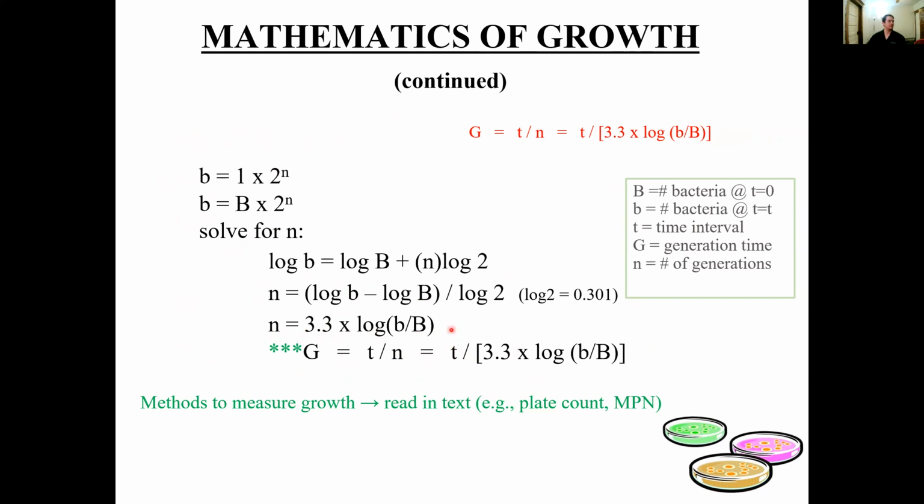And this is how we actually change the equation, and that's why we use the 3.3 times log. I'm not going to go into too much detail for this. I don't want to go above and beyond. Have a look at it. I probably won't ask you to explain the math. As long as you are able to apply the equation, that's good enough.